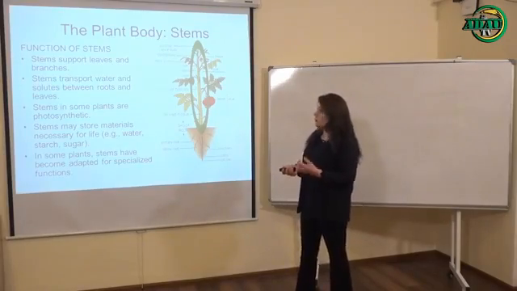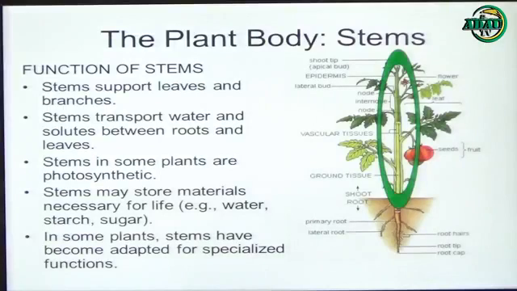And the stem also transports organic materials, or food produced in the leaves by photosynthesis, to underground organs of plants, to the roots and other organs.